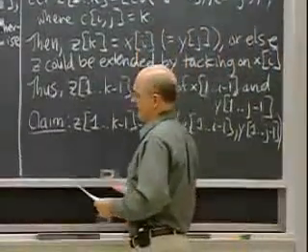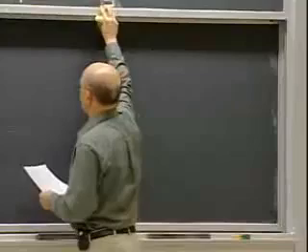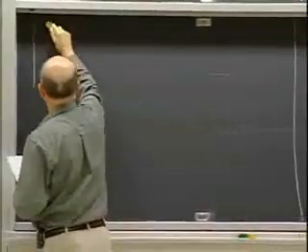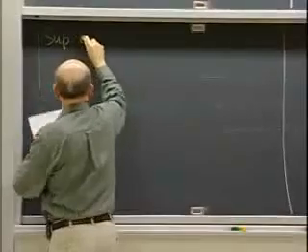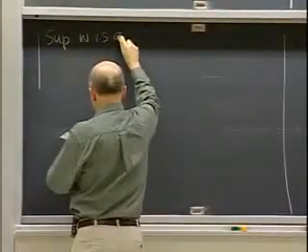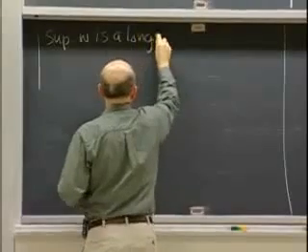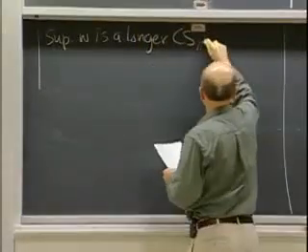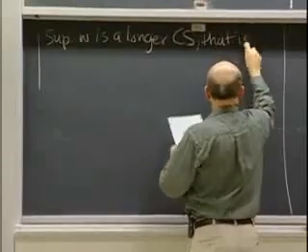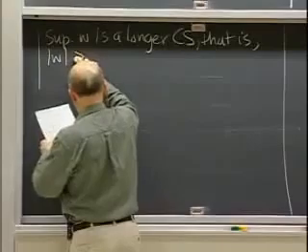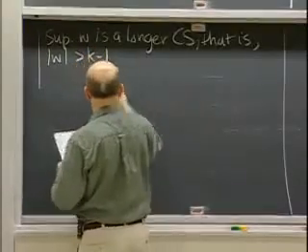So let's prove that claim. We'll just have a little diversion to prove the claim. Suppose that W is a longer common sequence. That is, the length of W is bigger than k minus 1.